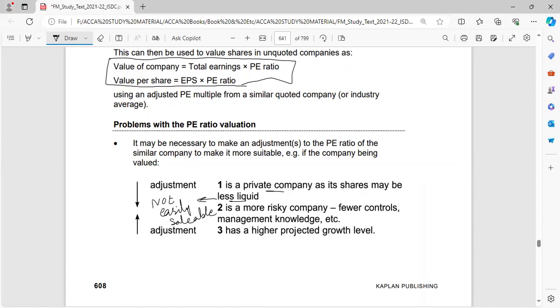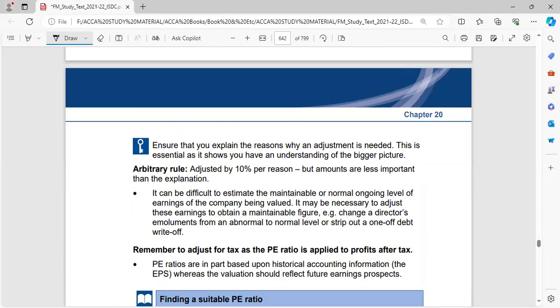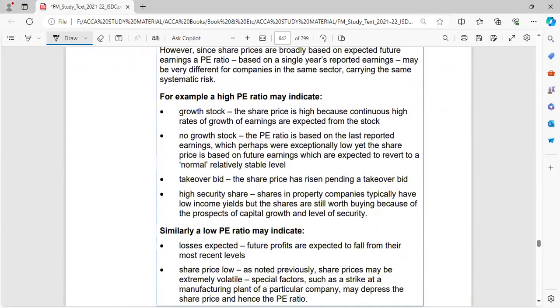So, what will we do? We will use the price earning ratio of a similar size public or listed company to calculate the value of the organization. And remember one thing, whenever we say earnings, we always take profit after tax, earnings per share, or earnings.